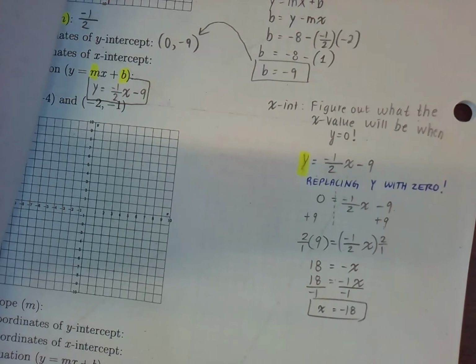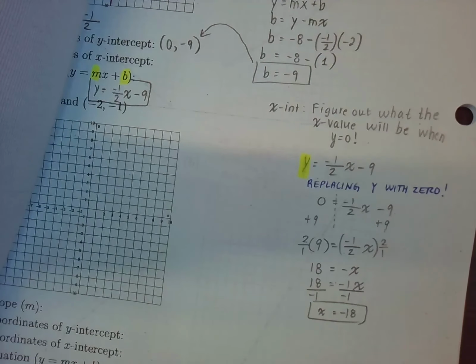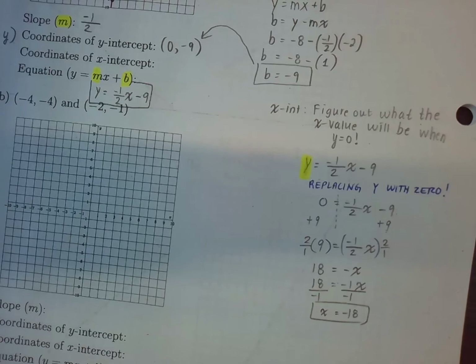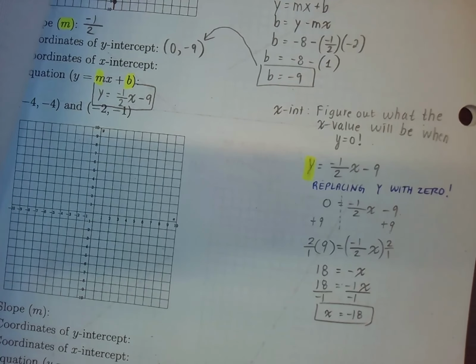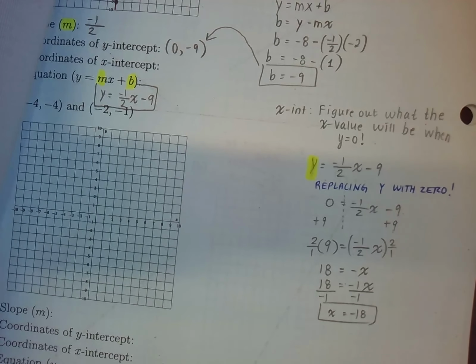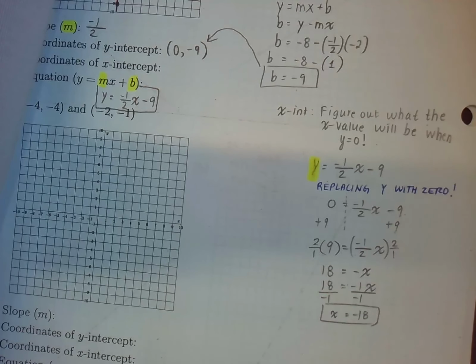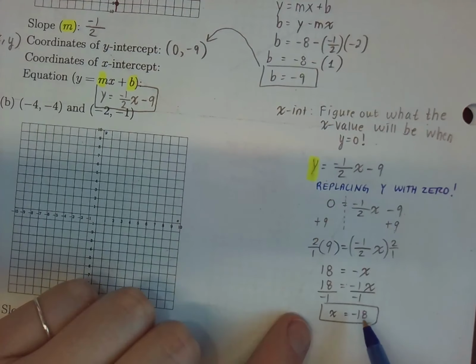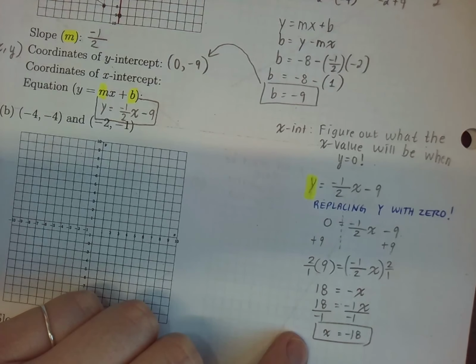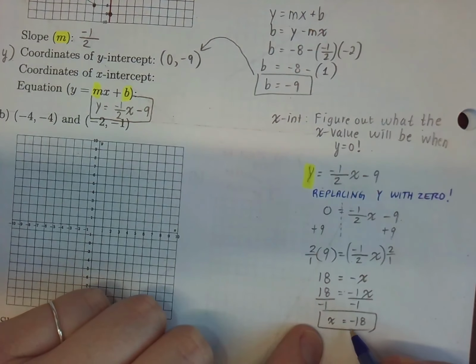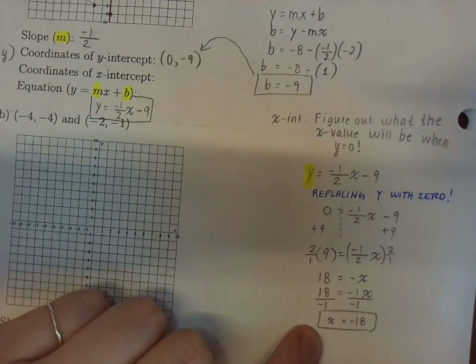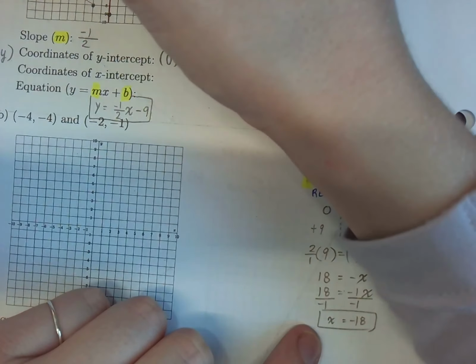I'm just going to check on Desmos, just because I want the video to be helpful and not full of errors. Yeah, it is. When x is negative 18, y will be 0, and that means it will be.